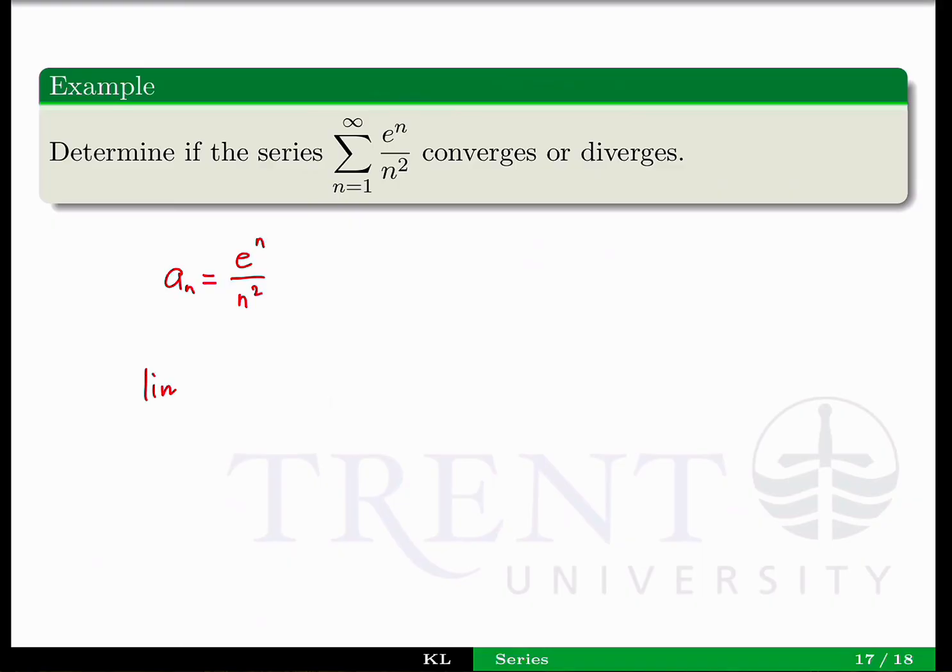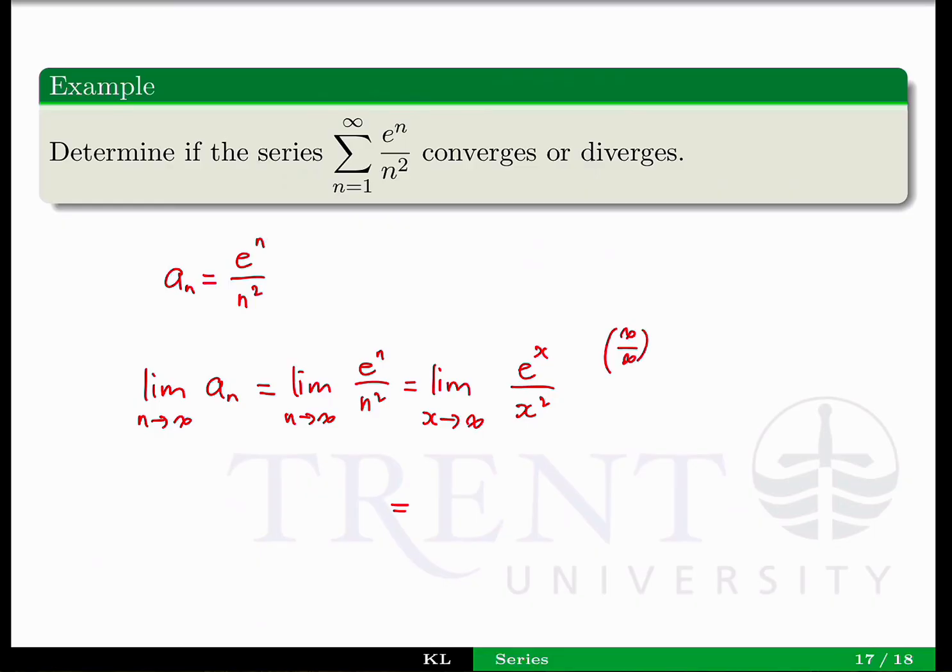So if we look at the limit, as n approaches infinity of your a sub n, you can actually use, well, L'Hopital's rule when these terms are converted into functions. e to the x over x squared. So this is infinity over infinity.